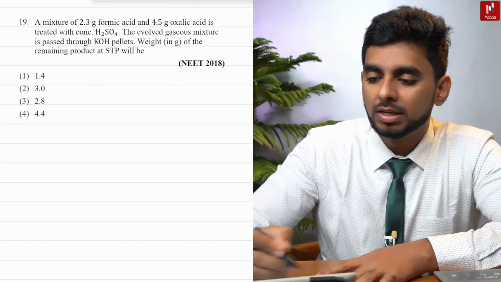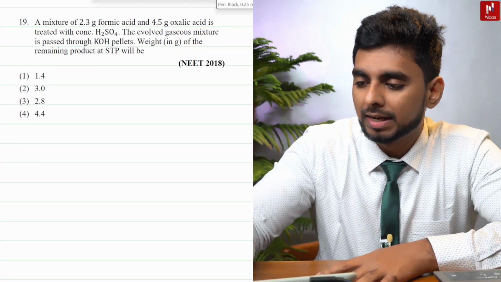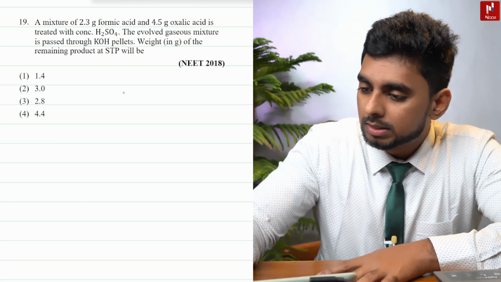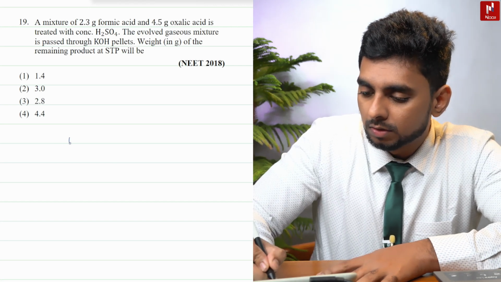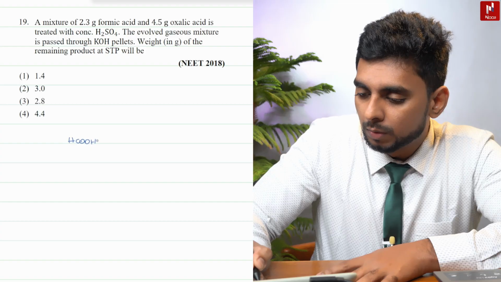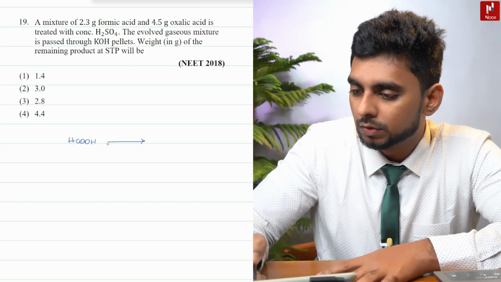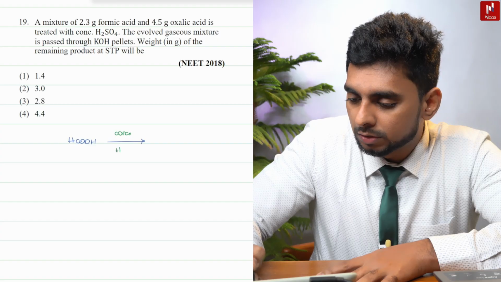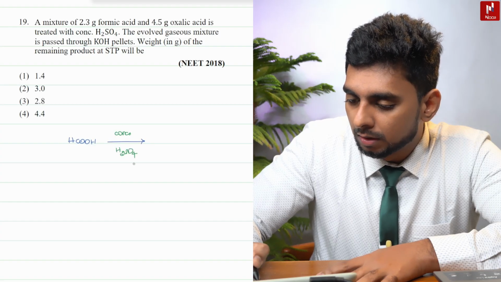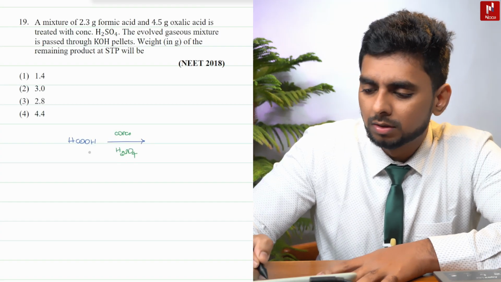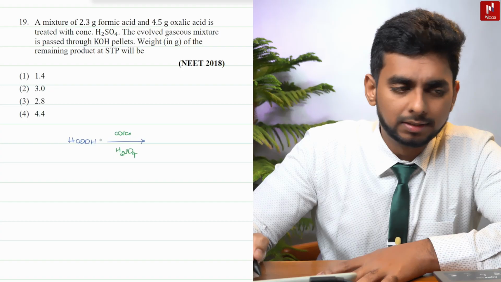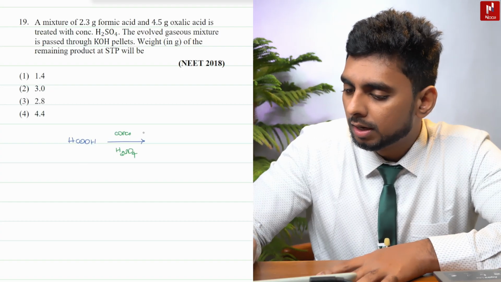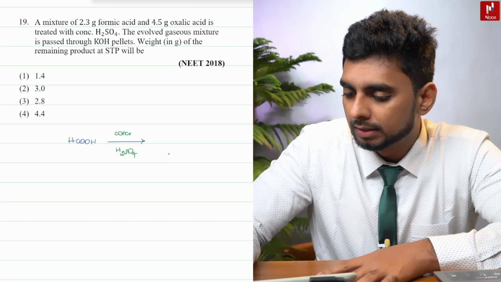Here, let me give you the equation straight away. So the formula for formic acid will be HCOOH. When it is reacted with concentrated H2SO4, fine, in the presence of concentrated H2SO4, it will split and produce carbon monoxide and H2O.